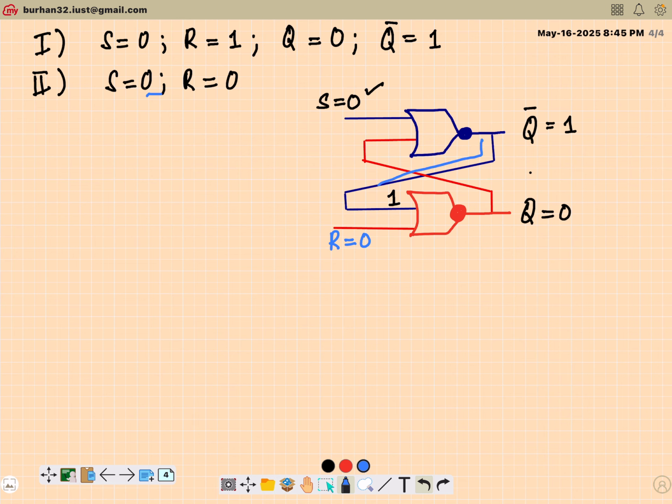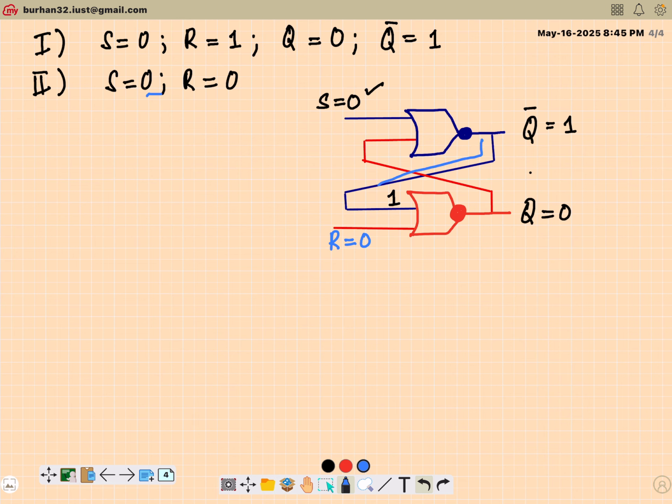Now it is because of this input. So this is 0. It will be fed back here, which means again this input will be 0. So both the inputs are 0. So Q bar will continue to stay at 1. So this means once I have achieved this state, then even if I change R to 0, this state will be maintained. Q will still be 0. Q bar will still be 1.